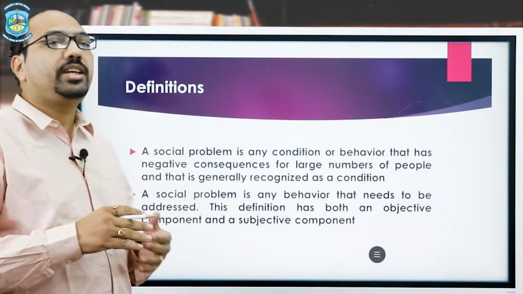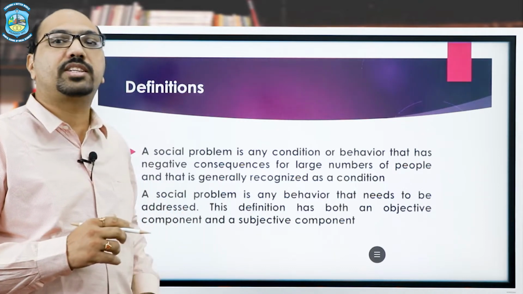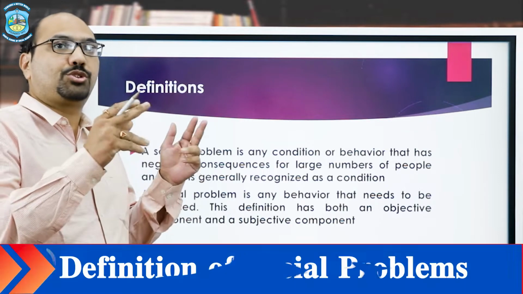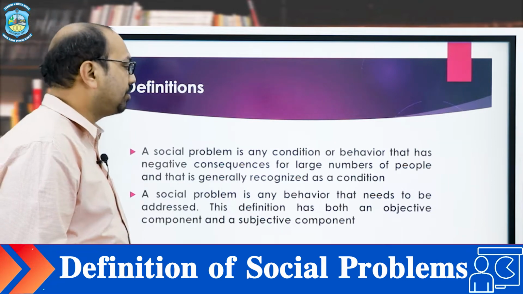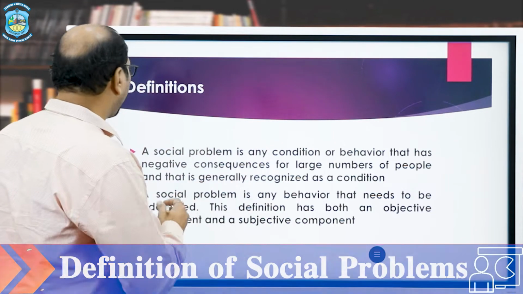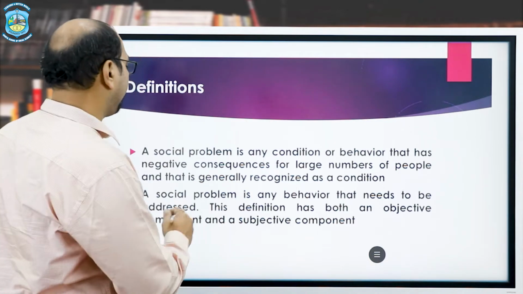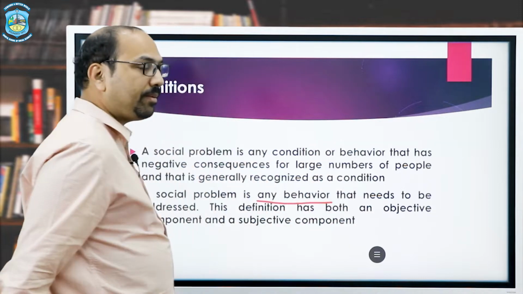Now, even before we try to understand the meaning of social problems, let us try to find out in which way the social problem as a sociological term has been defined by the scholars. The main important points that you should consider while defining social problem is that it's a kind of behavior which is unwelcoming.